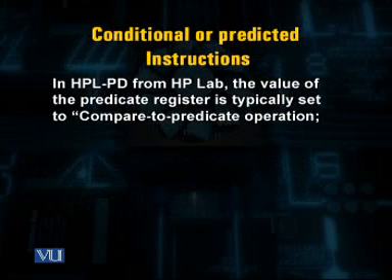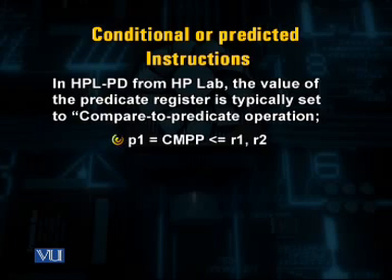In the HPL-PD processor from the HP lab, the value of predicate register is typically set by the operation namely compare to predicate. This instruction can be expressed as P1 = compare predicate less than or equal to R1, R2.